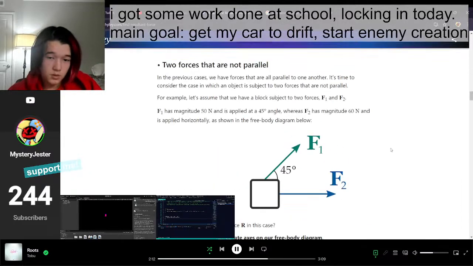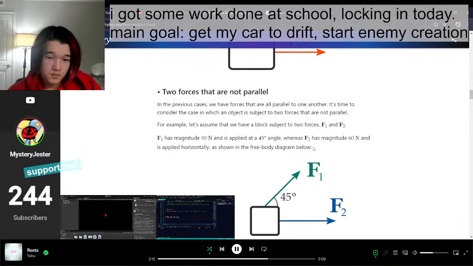Let's just scroll down to the bottom. We have force 1 and force 2. I'd just like to clarify that this code is very experimental. In theory, it makes sense, but in practice, I don't know, man.